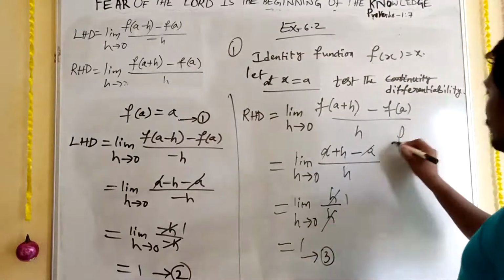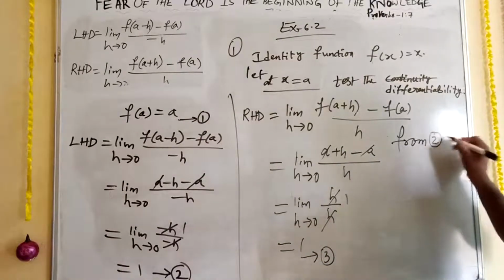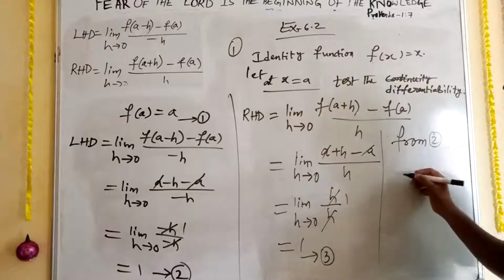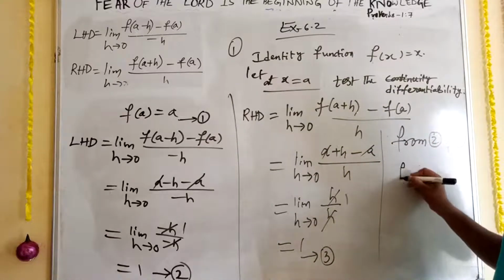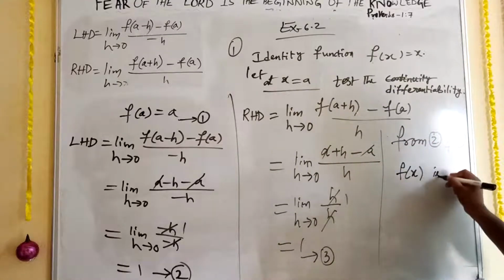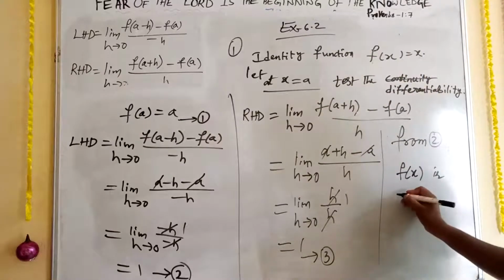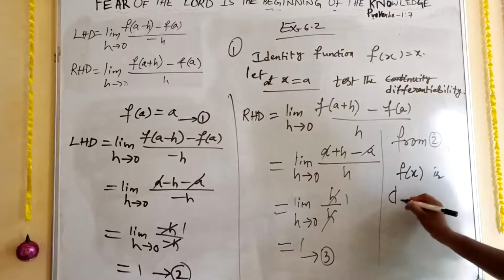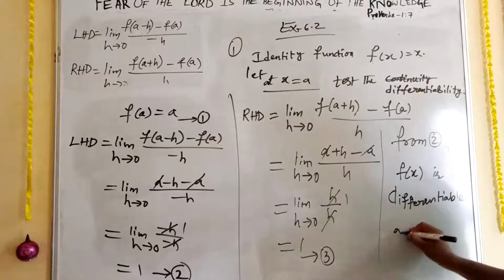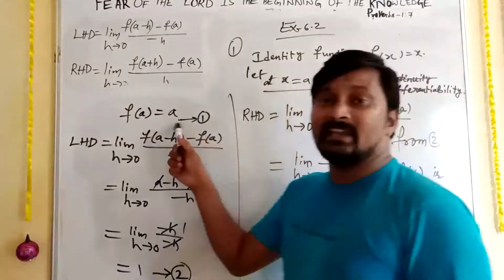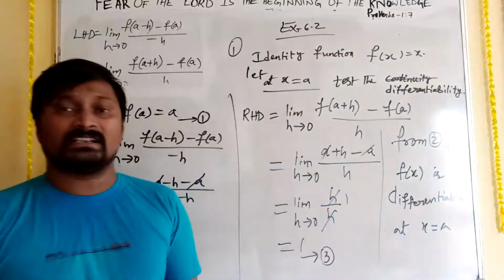We can write at last from 2 and 3, f of x is differentiable at x is equal to a, and this a is any arbitrary constant.